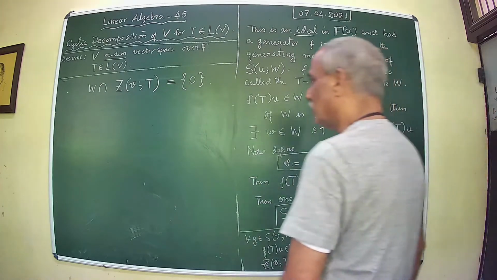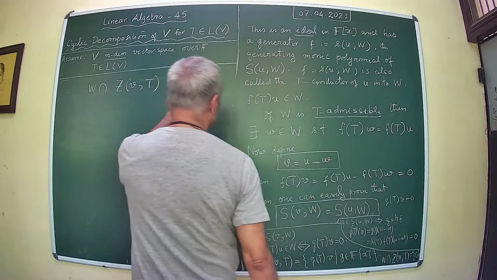So the common element of W and ZBT is 0.